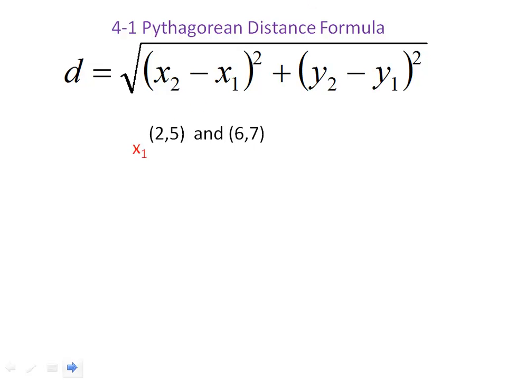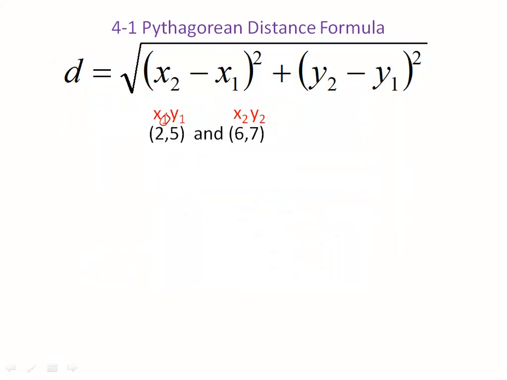It might help you to see this. What this subscript means is the x-coordinate of point 1, the y-coordinate of point 1, 6 is the x-coordinate of point 2, and 7 is the y-coordinate of point 2.